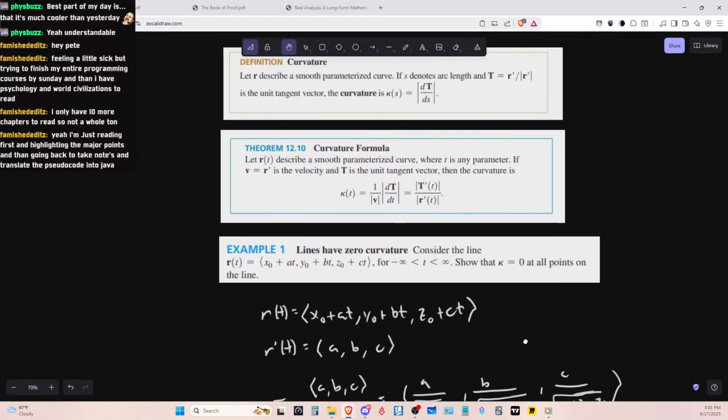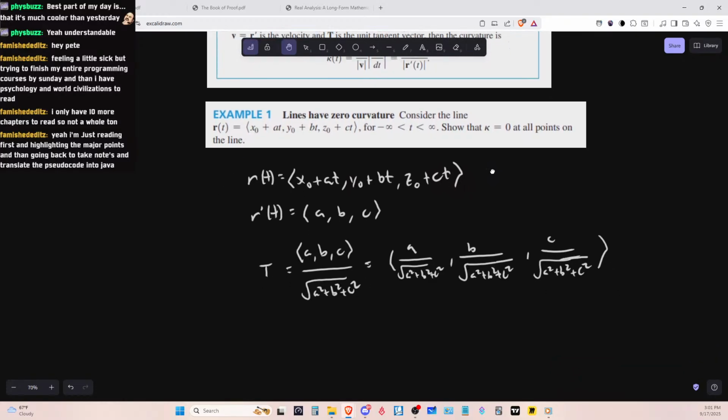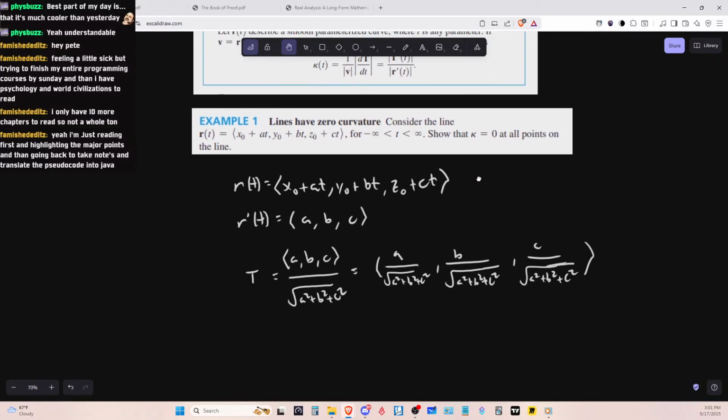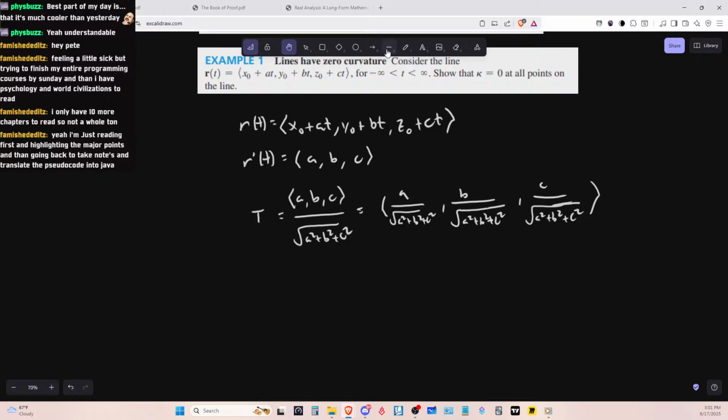So next we have to, then we gotta do, so R is equal to the derivative, so in that case the curvature formula is, that's supposed to be kappa, it's not supposed to be K. That probably is not a great way to write it, but we'll do it that way.